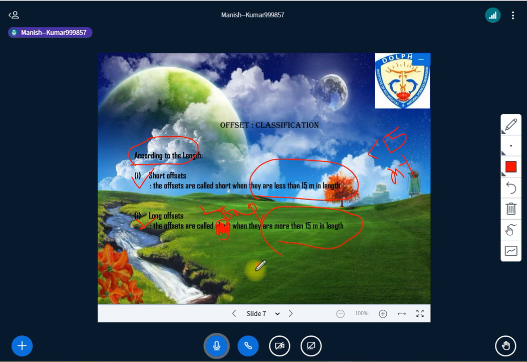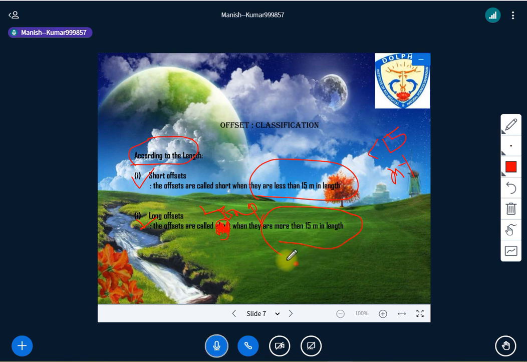The question will come to mind: if less than 15 is short and more than 15 is long, what if we are exactly at 15 meters? If the offset length is equal to or more than 15 meters, they are known as long offset. Is it clear?